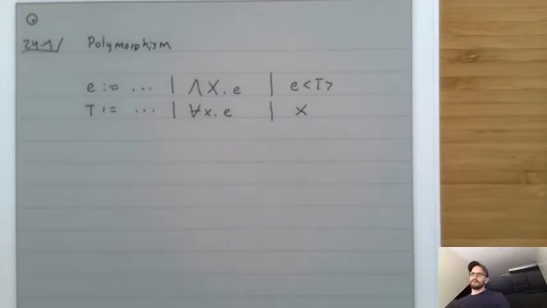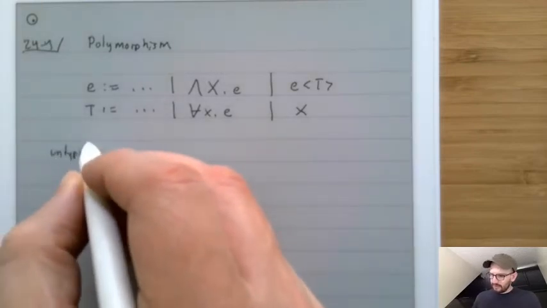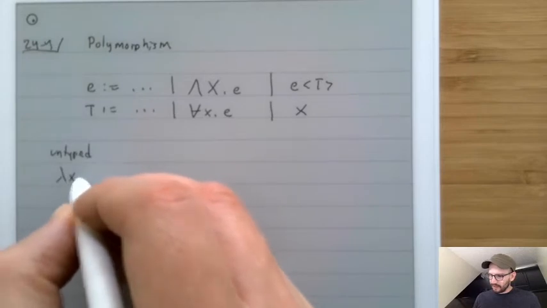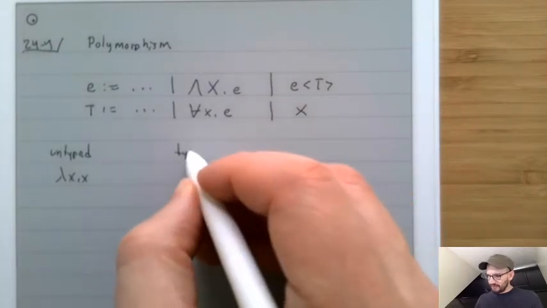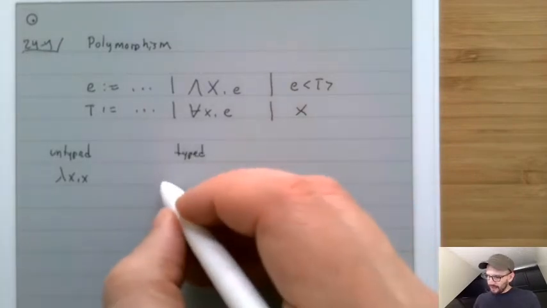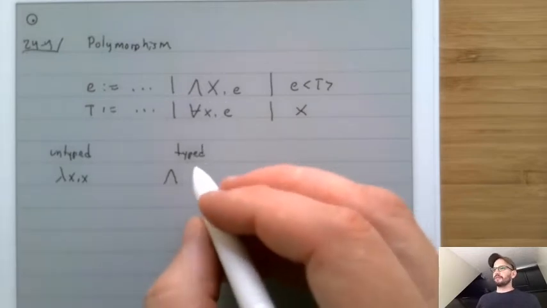So for example, what we could do is we could write down a single typed expression that was like the identity function. So here's the untyped version of the identity function, and here's the typed version of the identity function. We would write capital lambda, and now by tradition we write type variables as Greek letters.